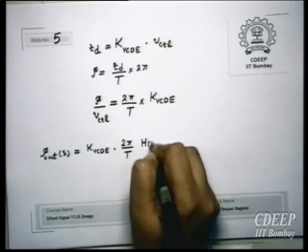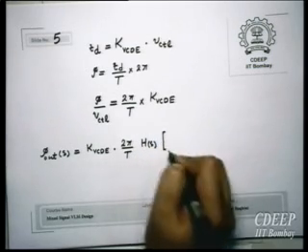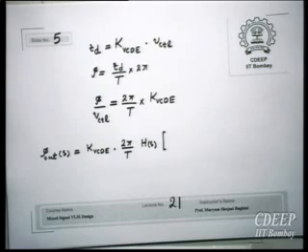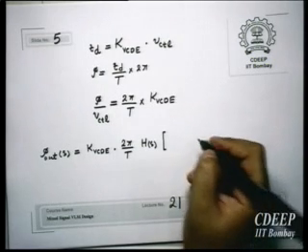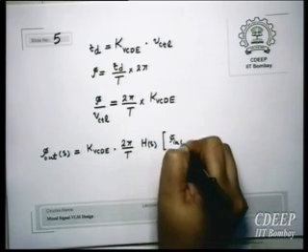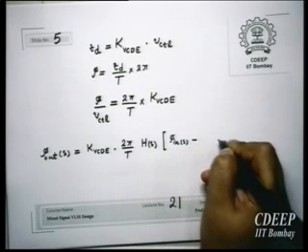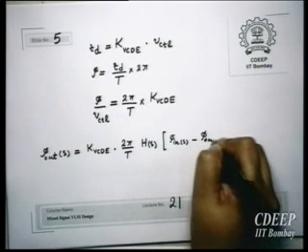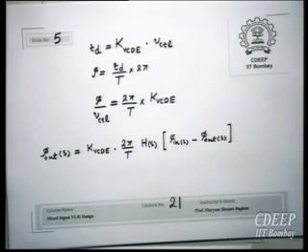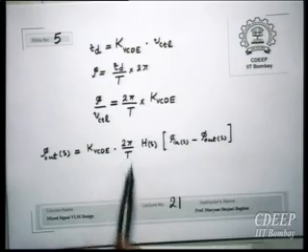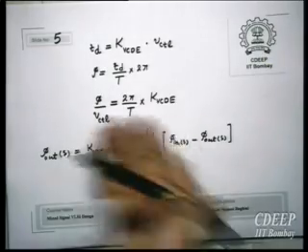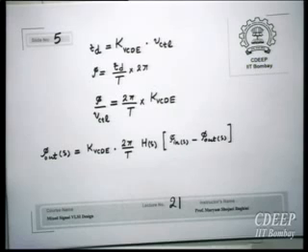VCTL is H(s) times the difference between the two phases, which is phi in(s) minus phi out(s). In some books, K_VCDE and 2 pi upon T are merged into one coefficient, but this way you will understand it better.